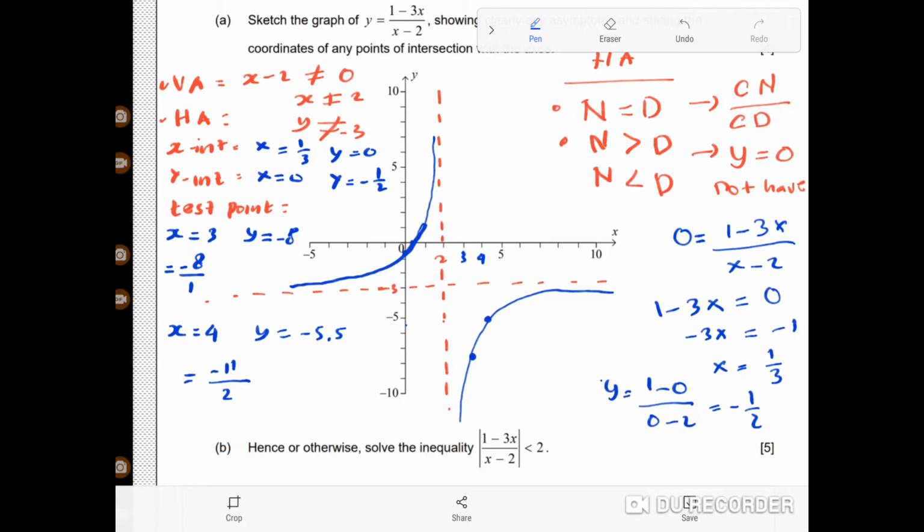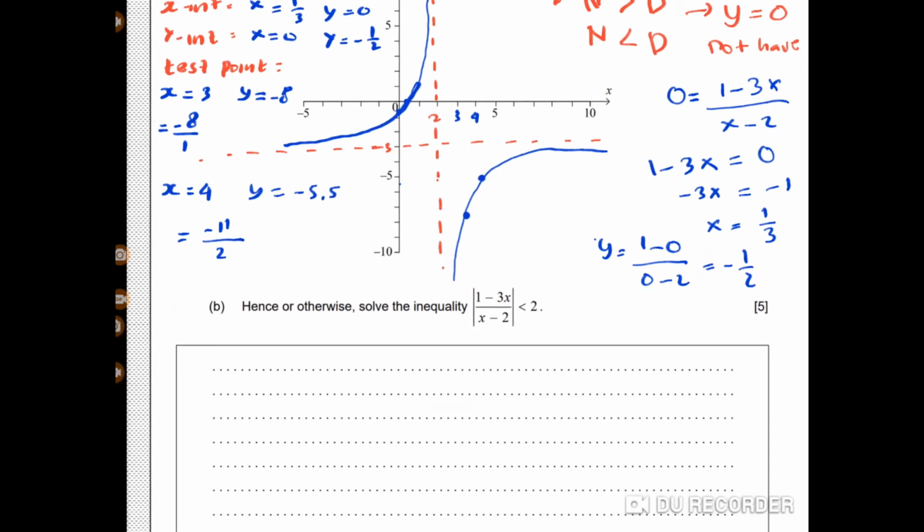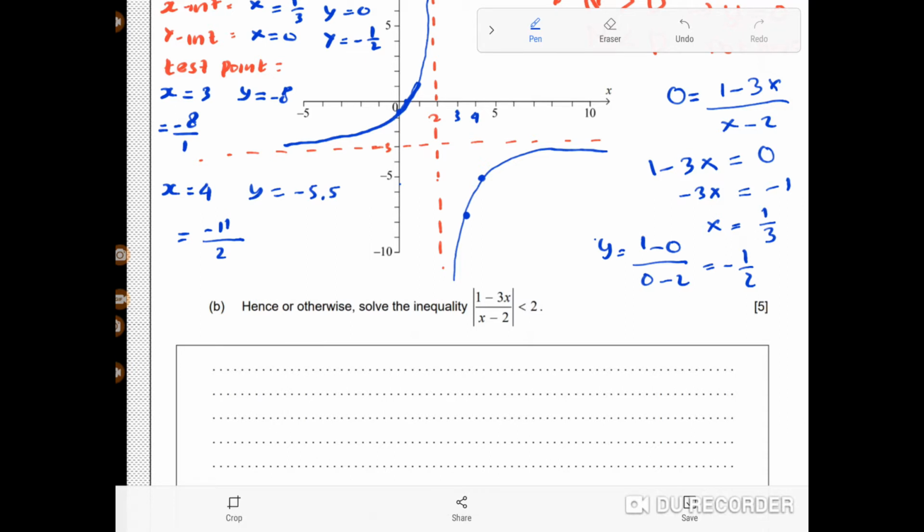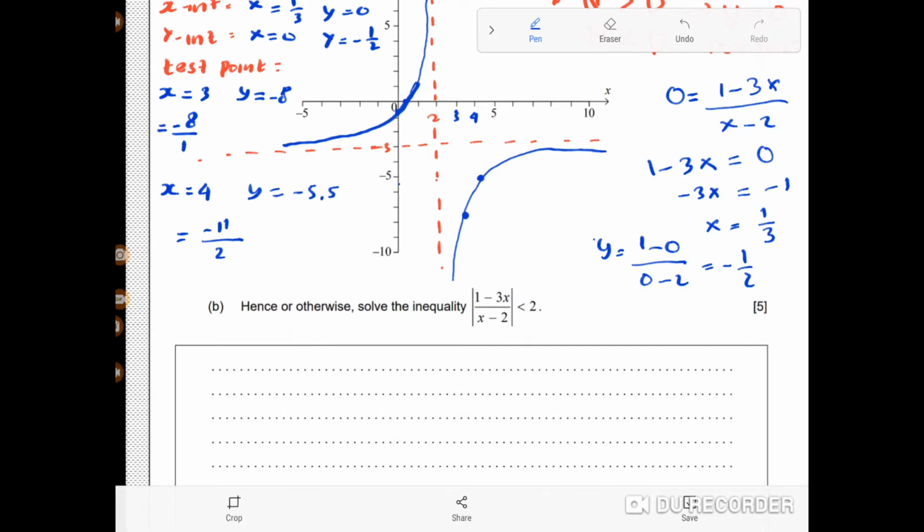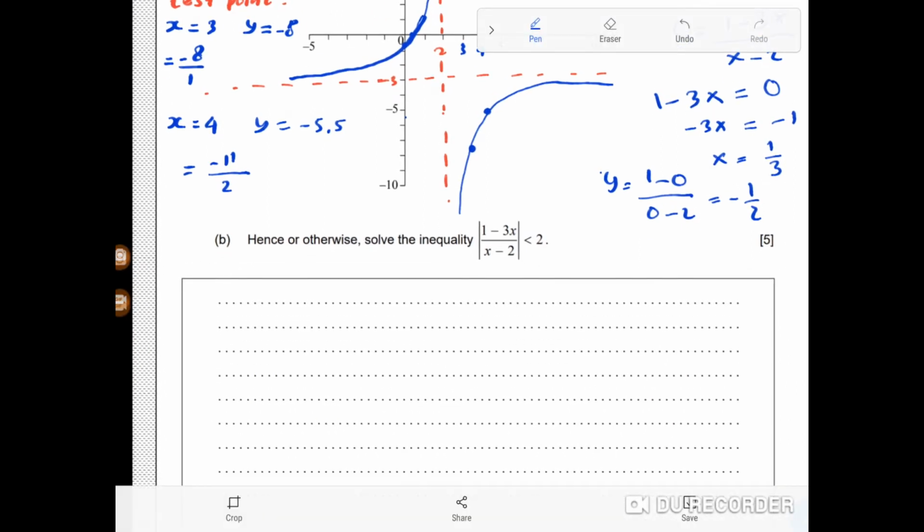Okay, next we have part B here. Hence or otherwise, solve the inequality: absolute value of (1 minus 3x) over (x minus 2) is less than 2.